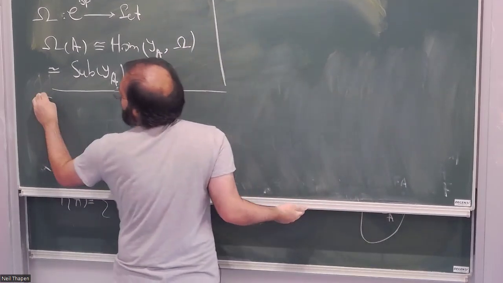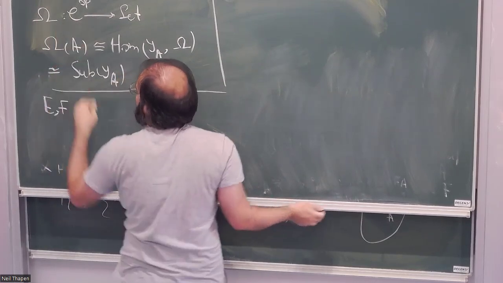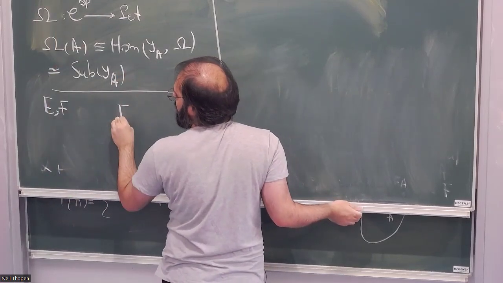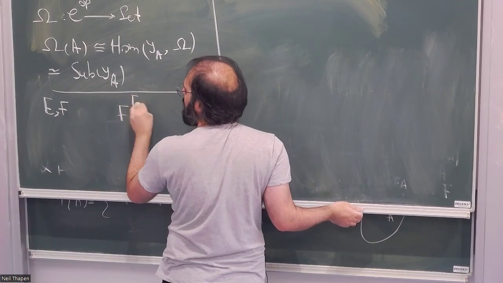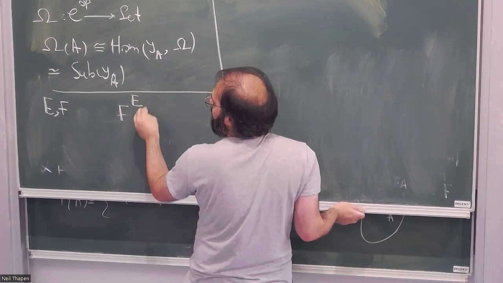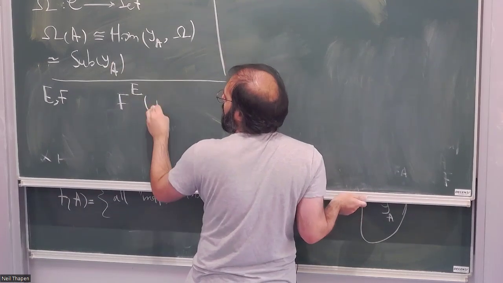You remember that we had E and F, two objects here, and then we defined, say, F to E, and it was something very weird. But now I want to say, okay, let's define it.